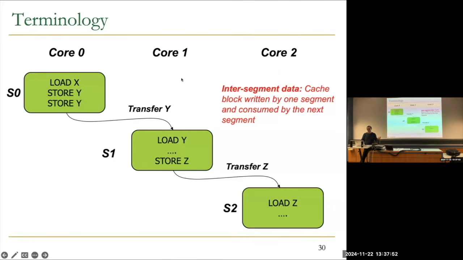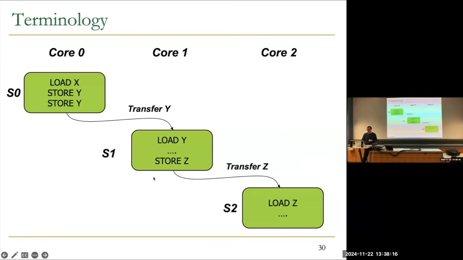But we are still processor-centric in this. Inter-segment data is a cache block that's written by one segment and consumed by the next segment. So clearly, cache blocks that house address Y and address Z are inter-segment data. And ideally, we would like to identify them and do something about them such that the processors that need them don't get a cache miss.